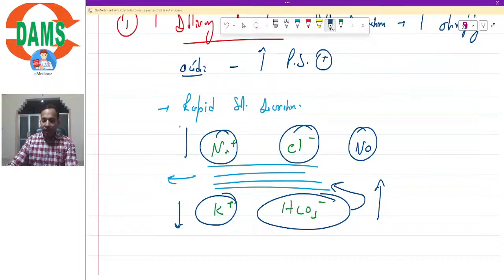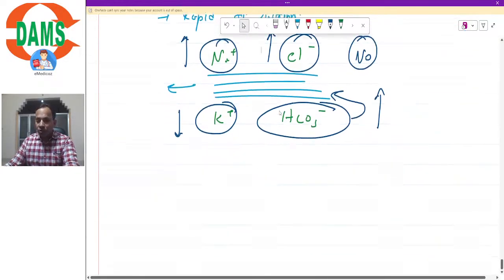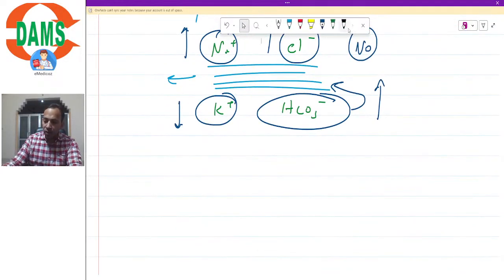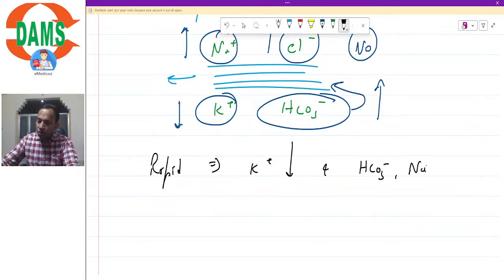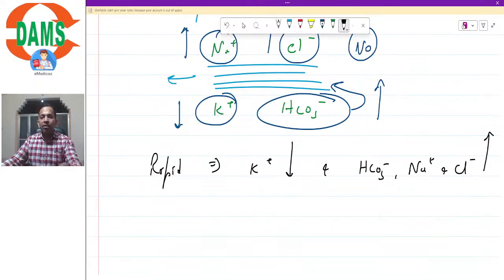Sodium and chloride, they are not being actively resorbed, so their concentration also increases, isn't it? So when there is a rapid salivary flow, the concentration of potassium decreases and the concentration of bicarbonate, sodium and chloride increases, isn't it?